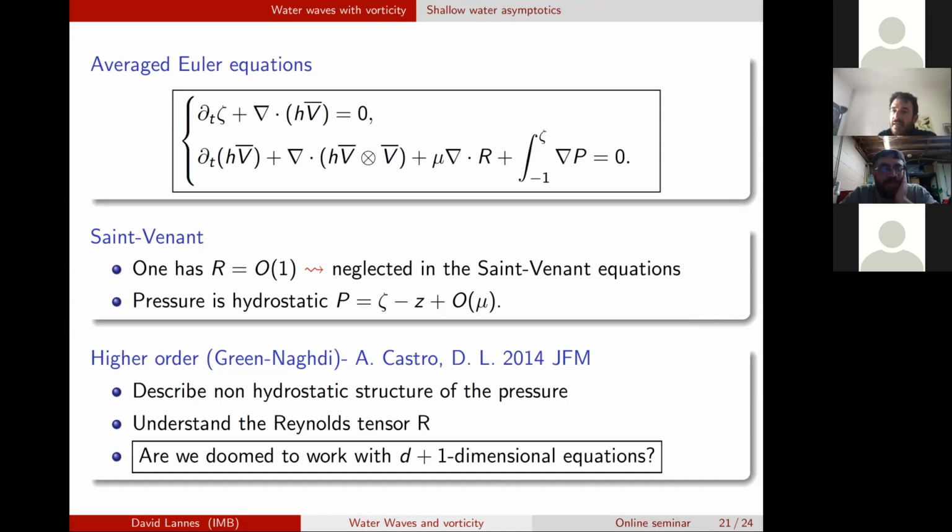The idea is actually inspired by what is done for the study of turbulence for the isentropic Euler equation in compressible gases, and this is why I call this tensor the Reynolds tensor. The idea is that you are not going to compute R explicitly. You are going to look for equations on this tensor R, and you will write a set of equations and find a cascade of equations.